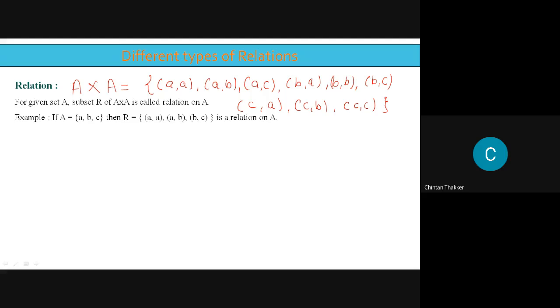Then your answer is 512, because 2 raised to 9 is 512.